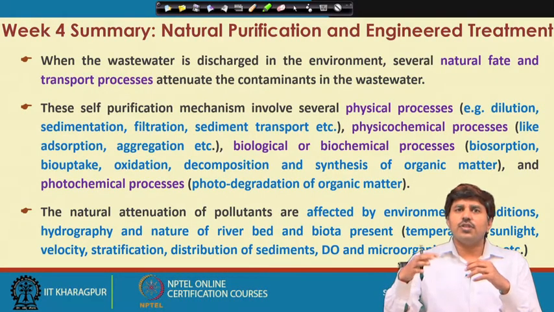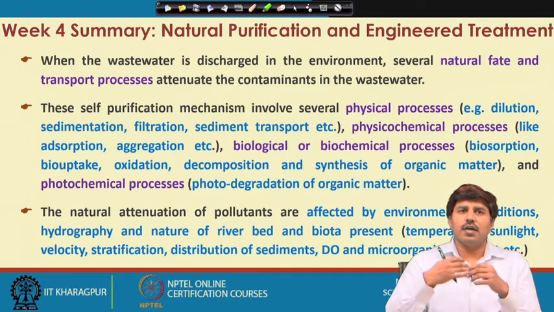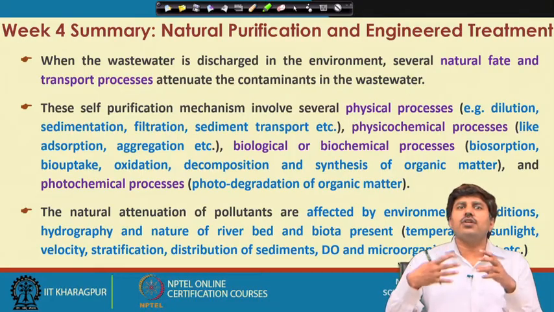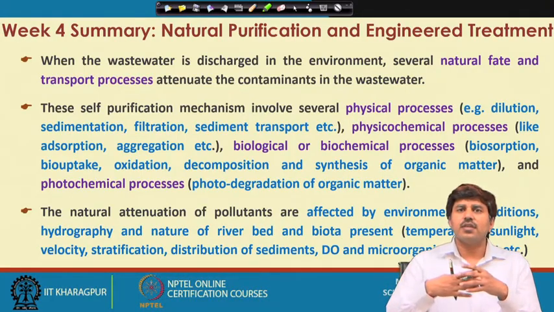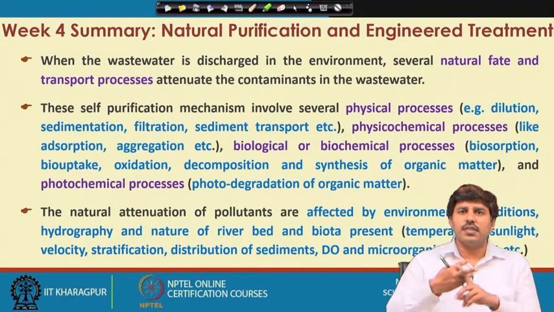This natural attenuation of pollutants is affected by the environmental conditions, the hydrography and nature of the river bed, and the biota present. So, what is the temperature, sunlight, the velocity of the water in the river, the stratification.